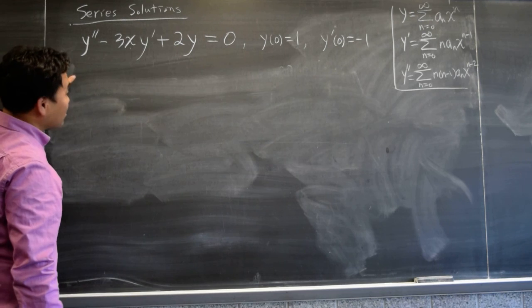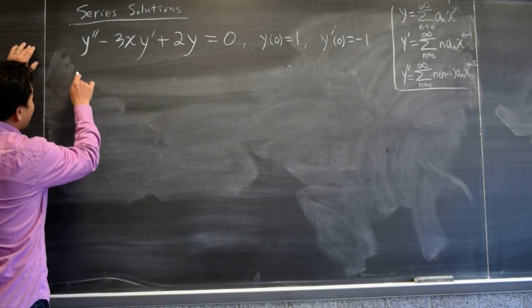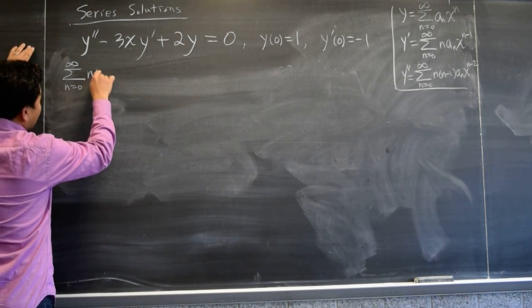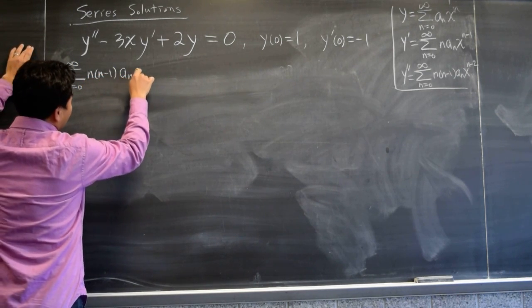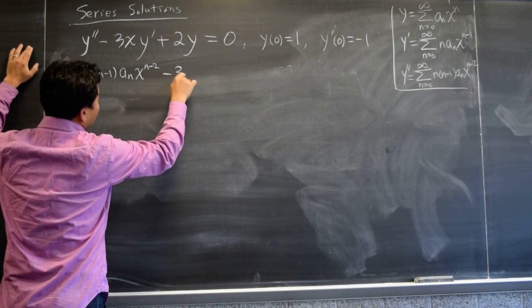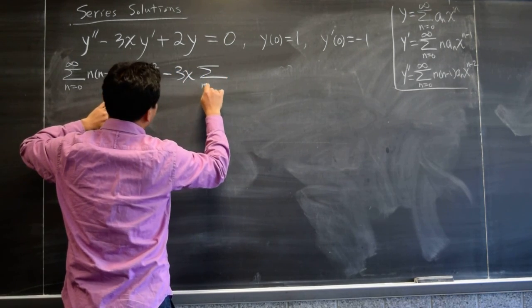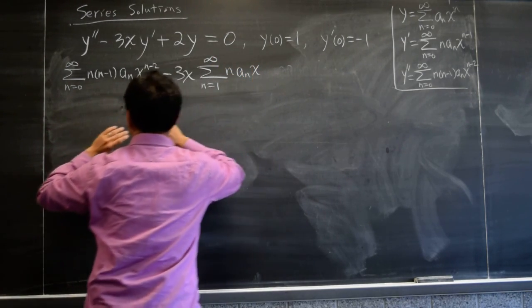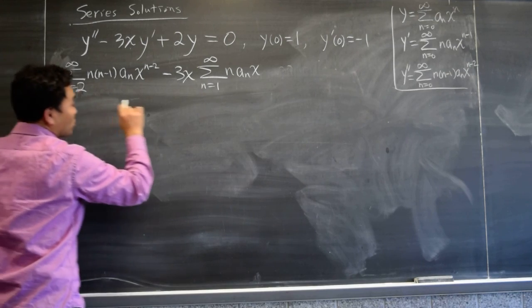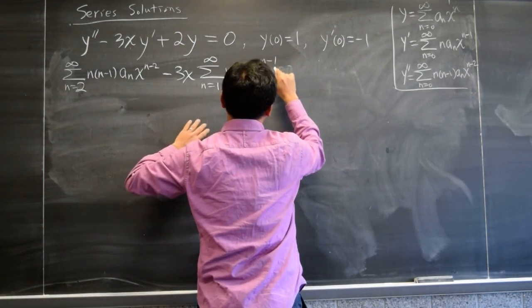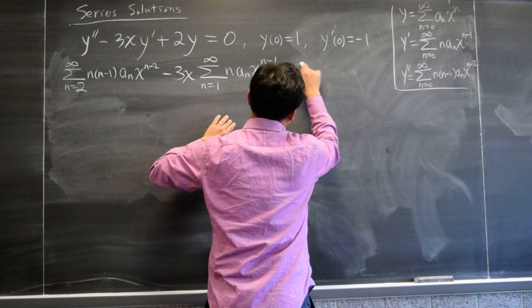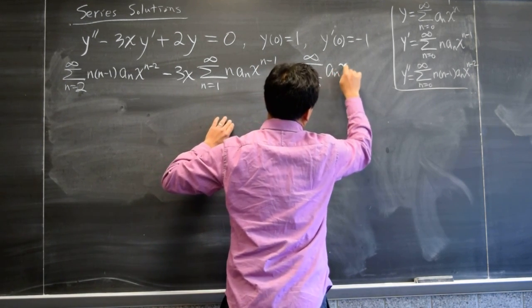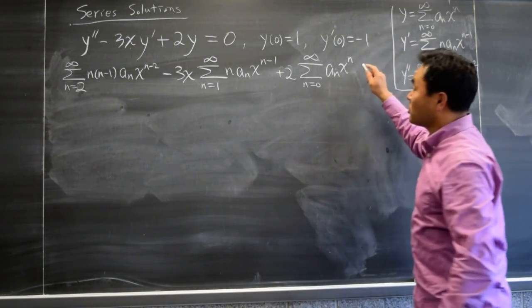So right now we'll just plug everything in. y double prime is sigma n from 0 to infinity n times n minus 1 an x to the n minus 2, minus 3x sigma n from 1 through infinity n times an x to the, oh, this doesn't start from 0, it starts from 2, n minus 1, and then plus 2 times sigma n from 0 to infinity an x to the n has to equal 0, right?